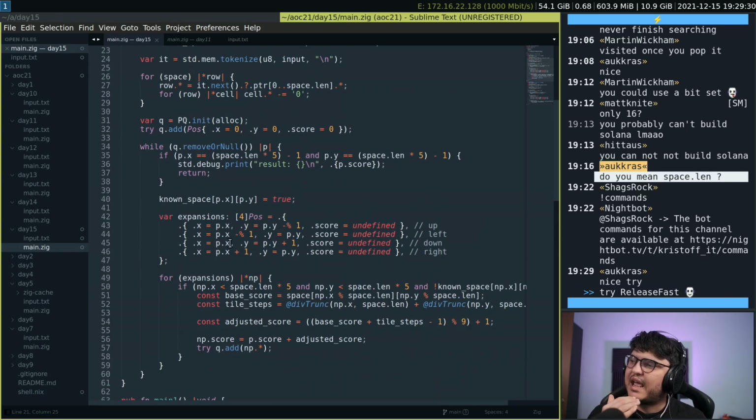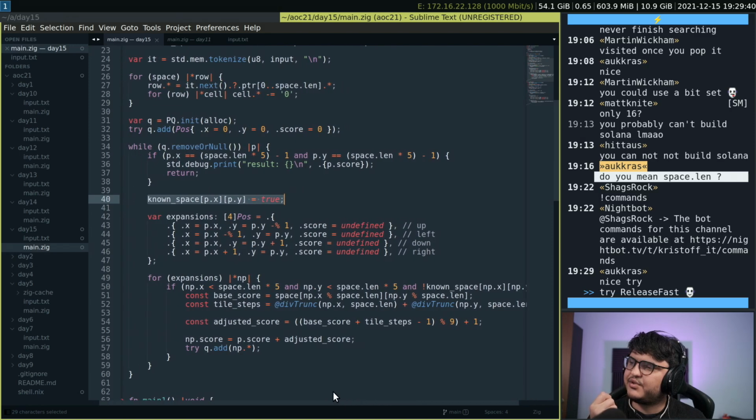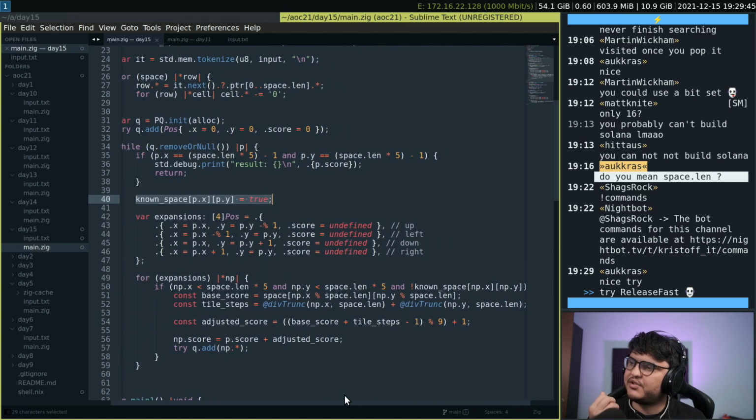Also, if it's not ending, are we using known space stuff? Try release fast. I don't think this should be it, maybe, but I don't think so.